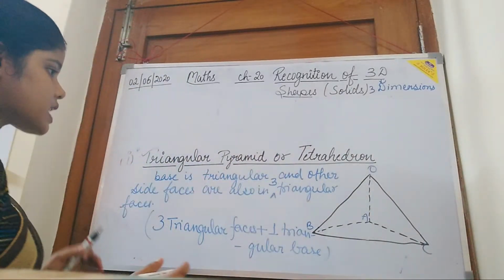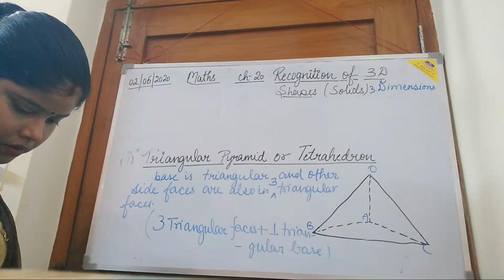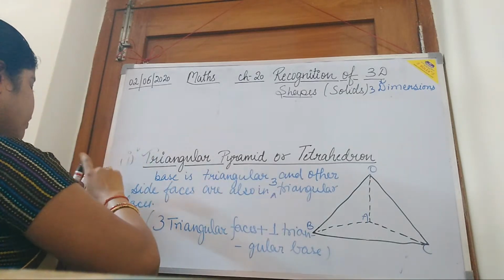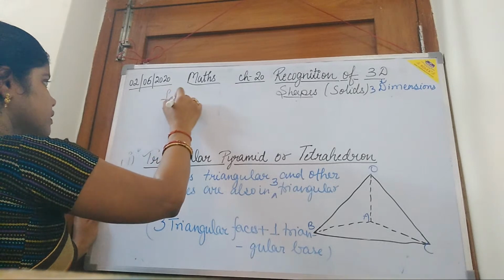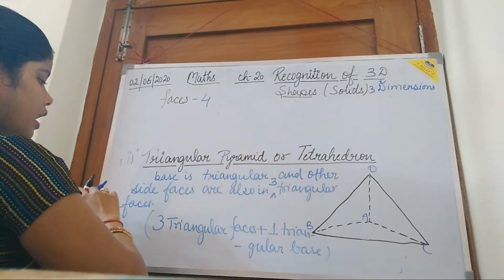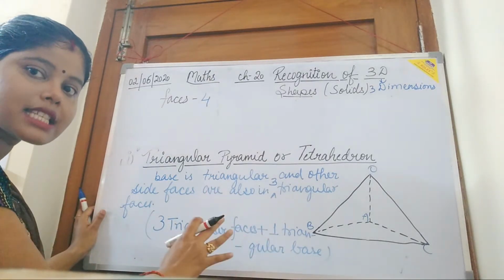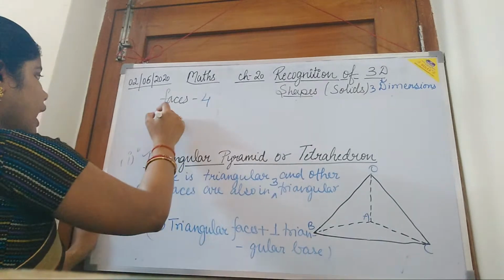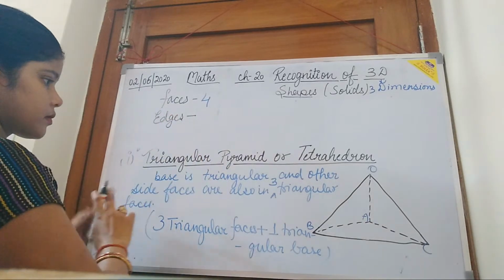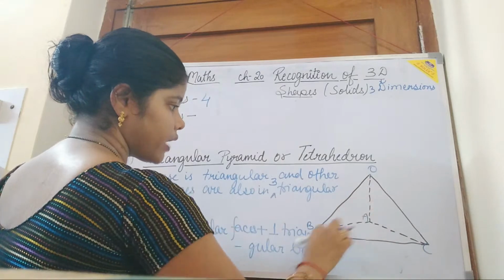So in this tetrahedron, how many faces do we have? Faces 4: 3 triangular faces and 1 triangular base. So total, how many faces does it have? 4. And edges: 1, 2, 3, 4, 5 and 6.